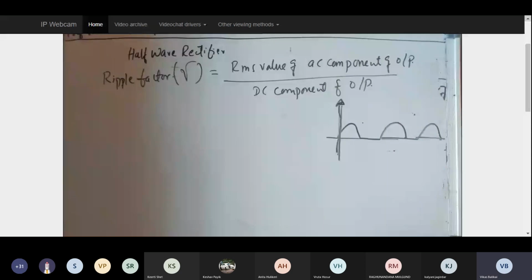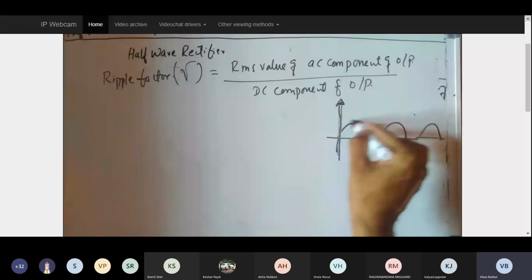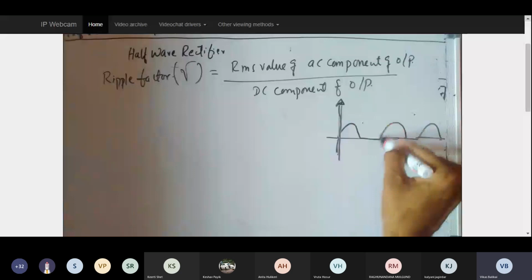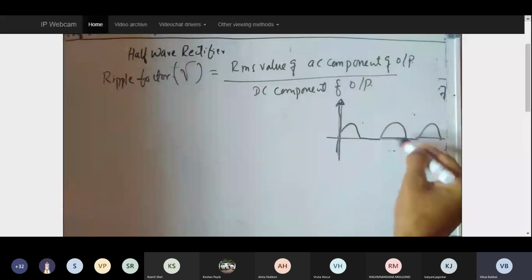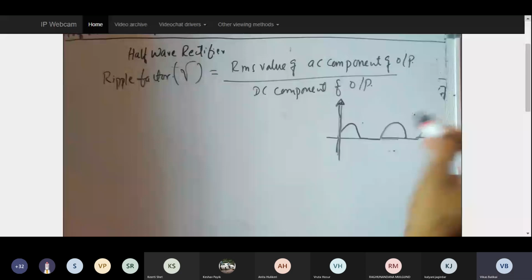The statement itself says the RMS value of the AC component in the output to the DC component in the output. If I get the equation for that, then my entire result will be my ripple factor.